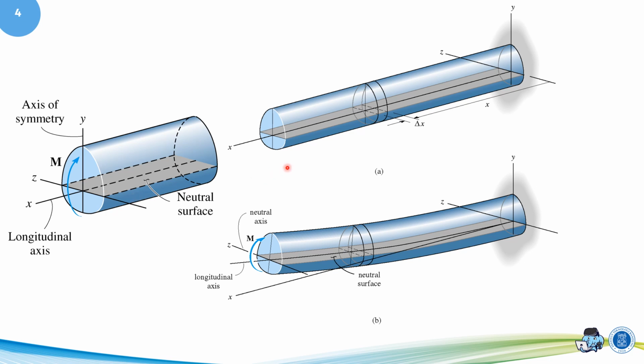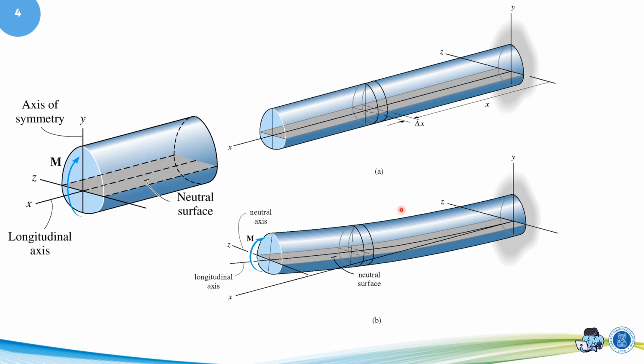When this particular beam is under bending, the deformed shape will be like this. The natural surface, which is initially straight, will be deformed like this. And the longitudinal axis, which is initially straight as well, will be deformed like that.